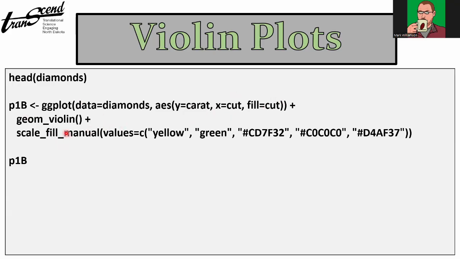But then what we're going to do here is custom color it, because for cut I want to use colors that visualize the quality of the cut. So I'll do scale_fill_manual, the values. Start with yellow, green, and then these are, I believe, yes, bronze, silver, and gold when it comes to coloring. So just keep those in parentheses, and then we can call that.